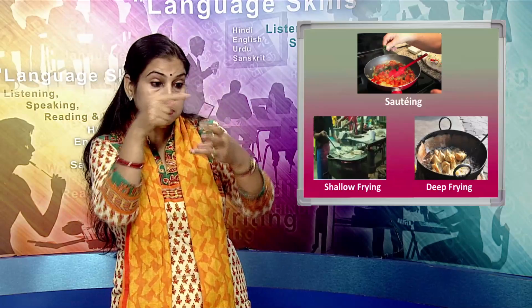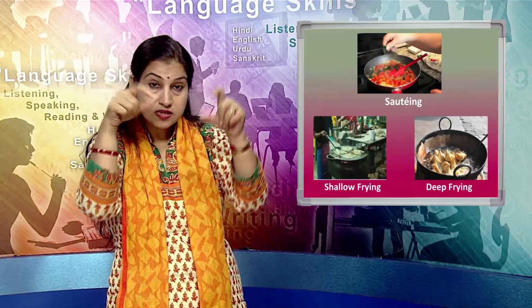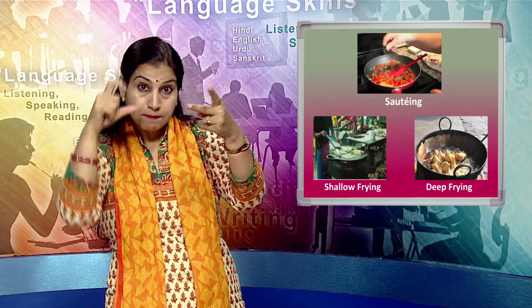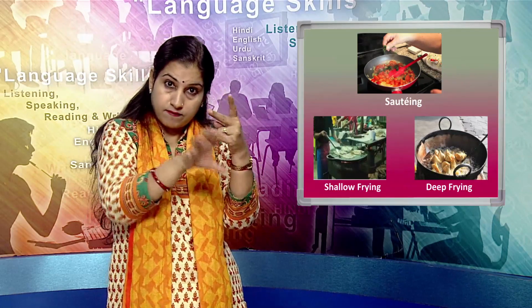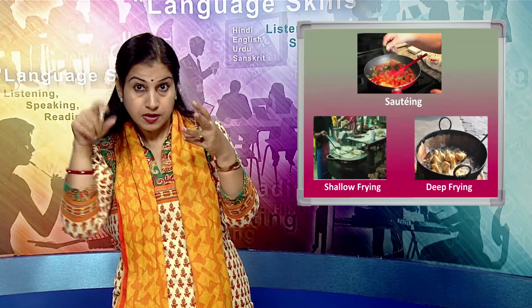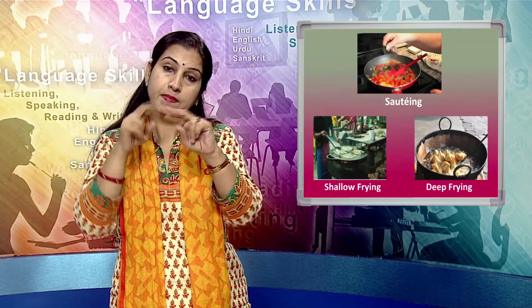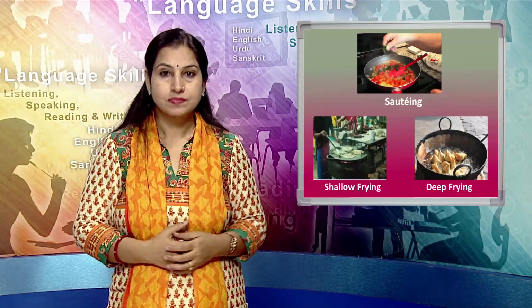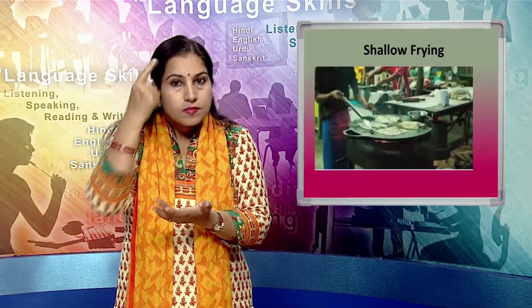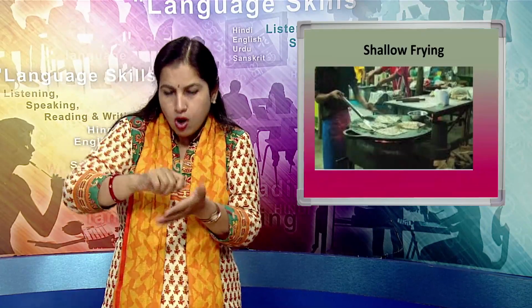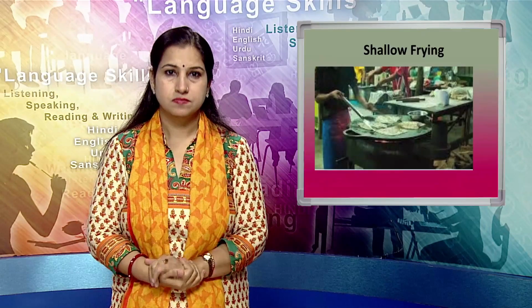The upper picture is of sauteing. The second picture is of shallow frying. The third picture is of deep frying. Let's understand shallow frying. Food is cooked in a small amount of oil, like 1 or 2 teaspoons only.